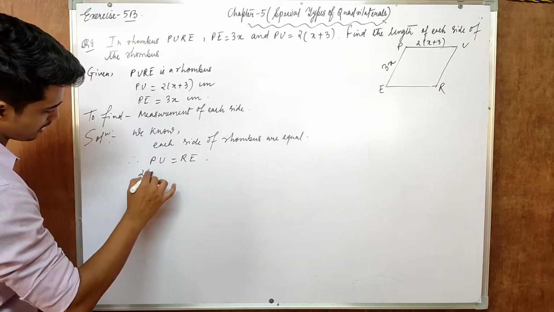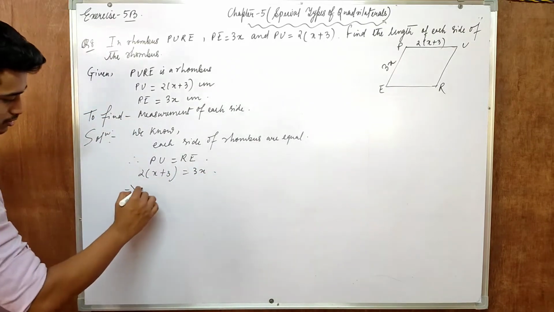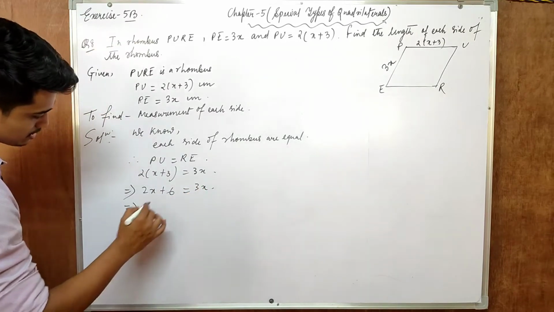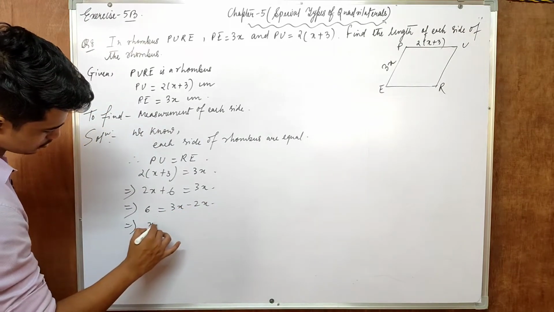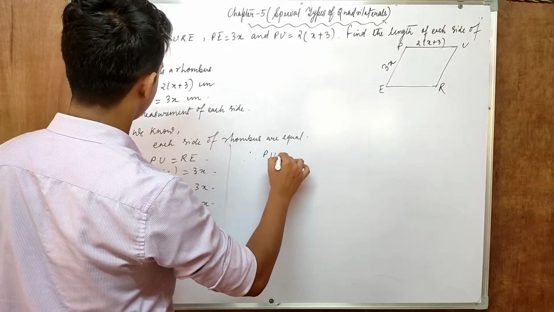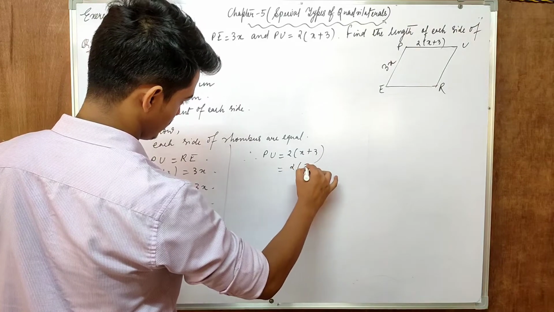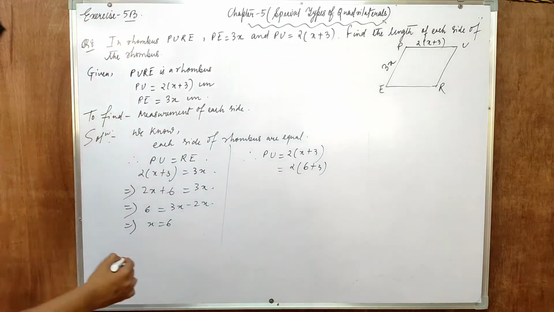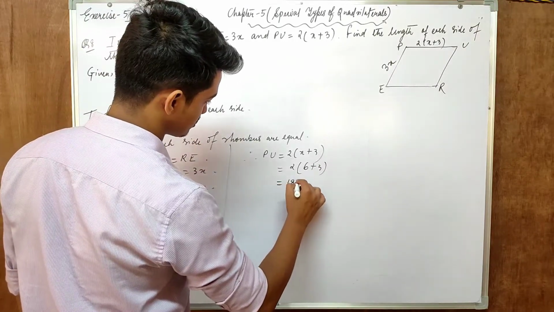So 2 times (x plus 3) is equal to 3x. If I break it down, 2x plus 6 equal to 3x. So 6 equal to 3x minus 2x, which becomes x equal to 6. Therefore PU equal to 2x plus 3, which becomes 6 plus 3, that is 9, and 9 into 2 is 18 centimeter.